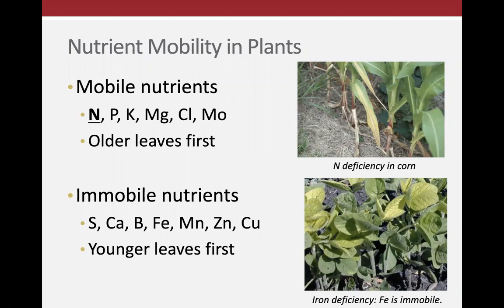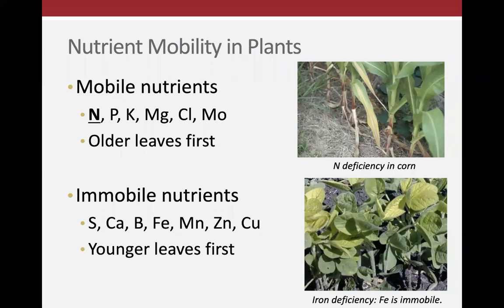So we can describe mobile nutrients and immobile nutrients. It's important to understand that we're not talking about mobile nutrients in the soil. We're talking about once they get into the plant, are they able to translocate within that plant, or are they basically fixed into plant structures and remain there?